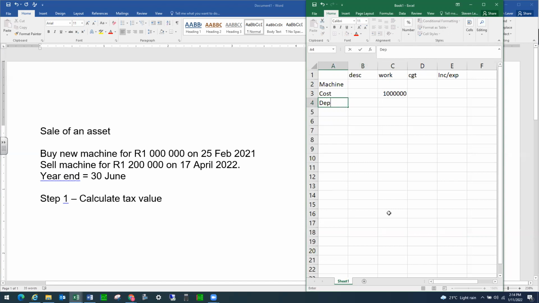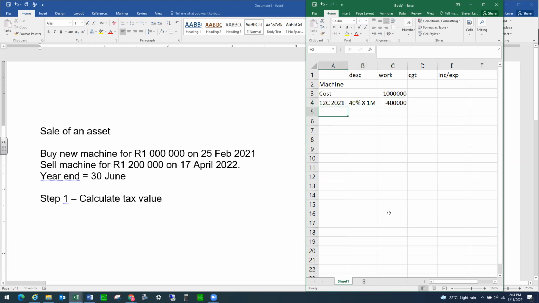Okay. And then there's going to be a 12C for 2021, because I bought it on 25 Feb 2021. My first year end is 30 June 2021. What is the working? It's 40% of 1 million, and I'm going to take 400,000 Rand off that. You happy with that?